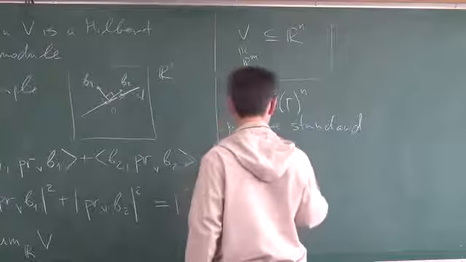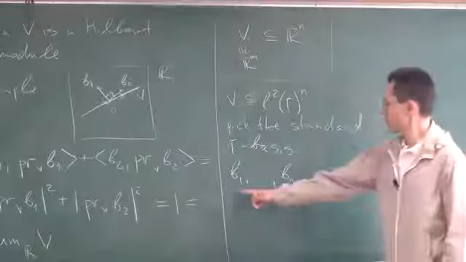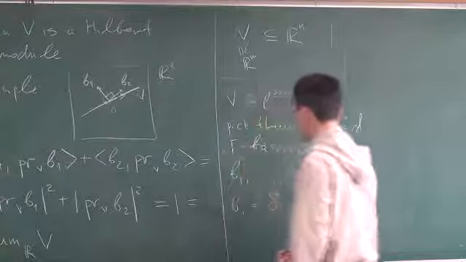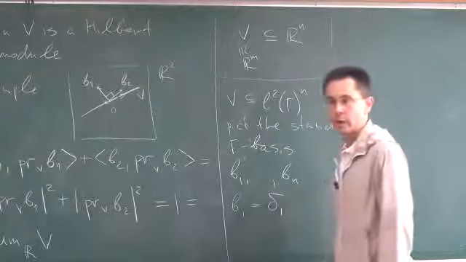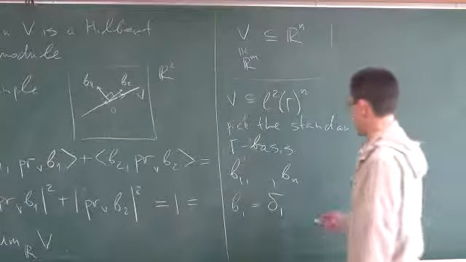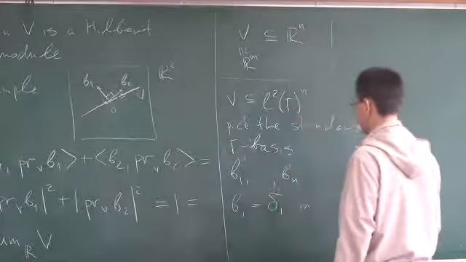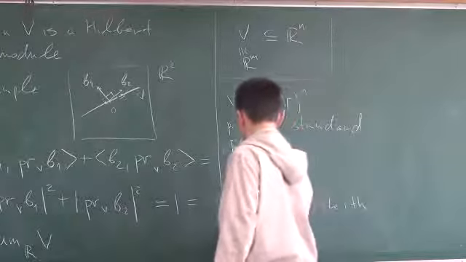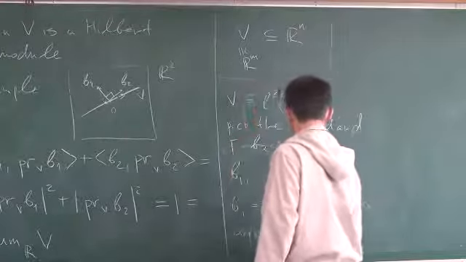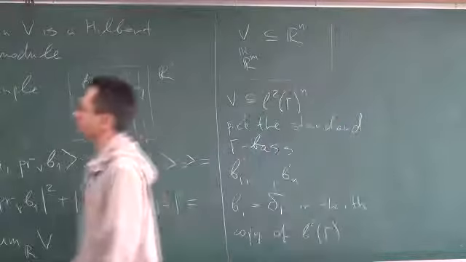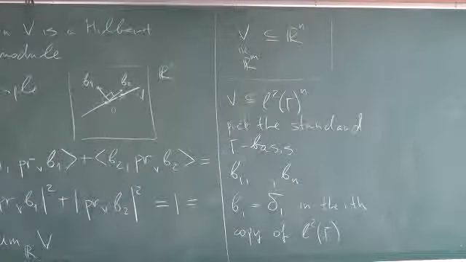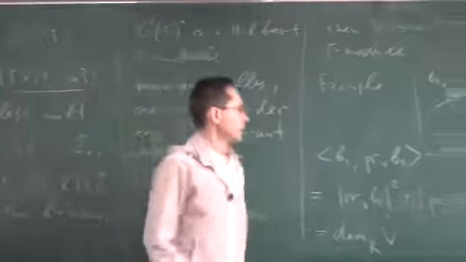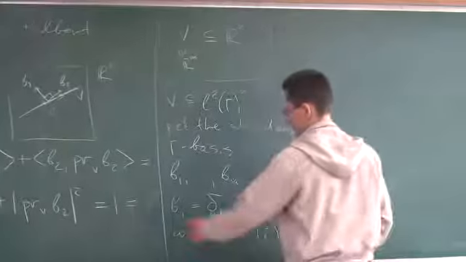B1 up to Bn. So in other words, Bi is the delta function at the identity of gamma in the ith copy of L2 of gamma. So there are n copies here. For each copy of L2 of gamma here, you pick just the delta function at the identity element, and this is what we call Bi.